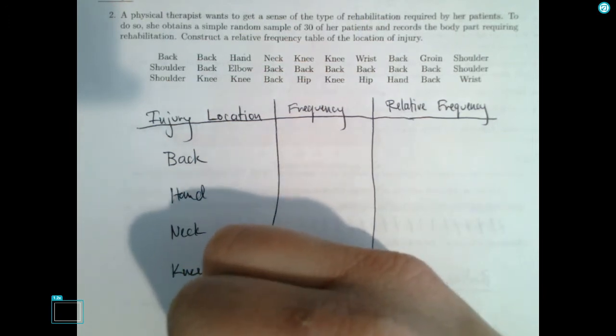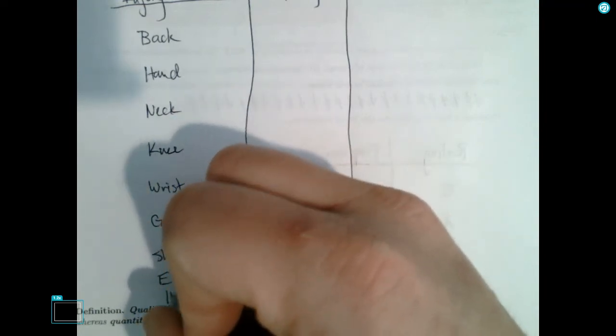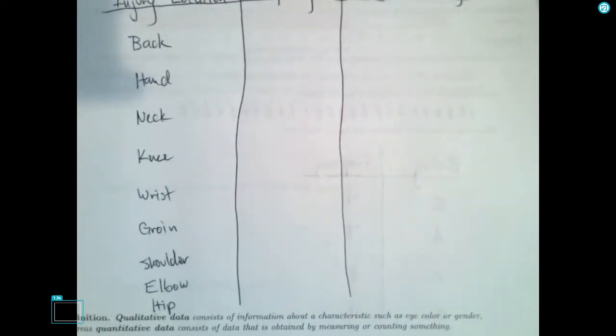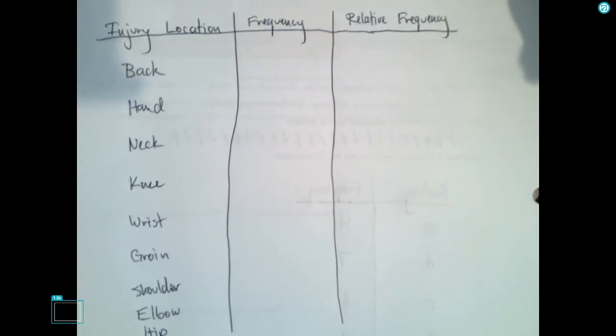I'm going to run out of room unless I start writing smaller. Elbow, and hip. I'm going to have to squeeze the last two on here. Okay, so those are all of the locations for the injuries. I think that's all of them. If we need to add one, we'll go back and add it on.